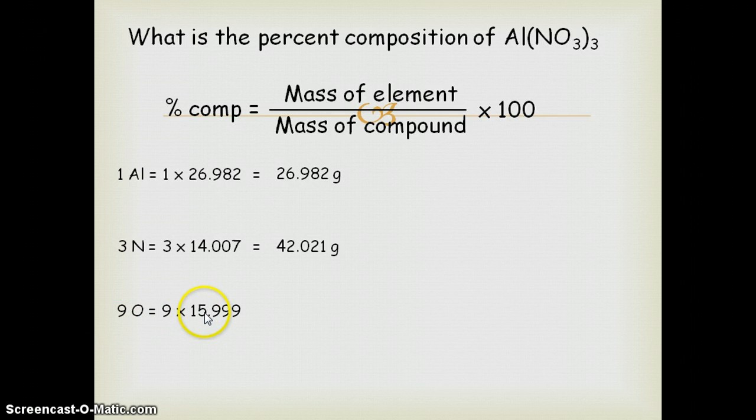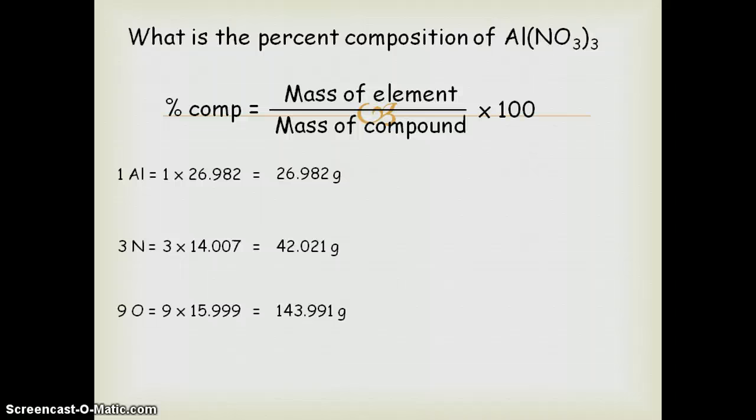So that's 9 times 15.99, and that will give us a total of 143.991. As you can see, oxygens are a pretty big atom, and we have lots of them in this formula. So even though the aluminum is a heavier atom, oxygen ends up taking most of the mass because it's large and there's lots of them.